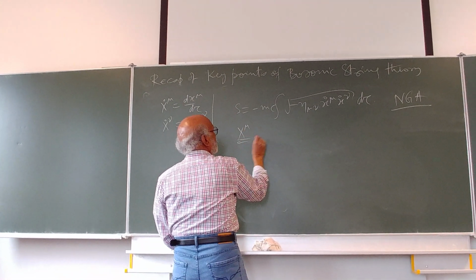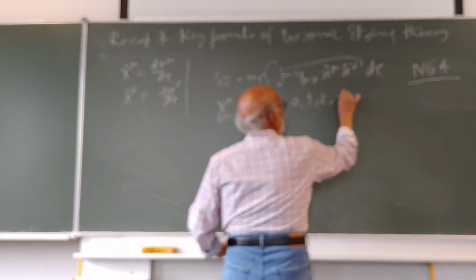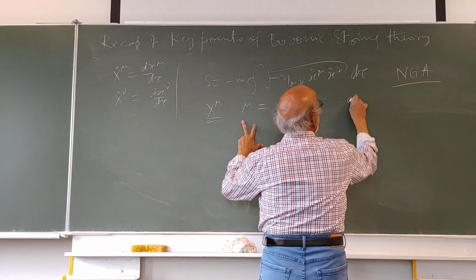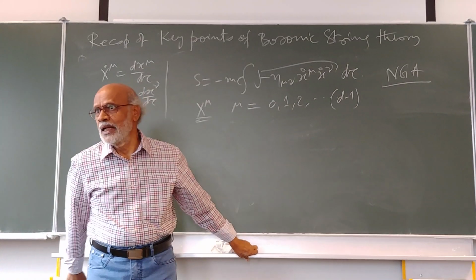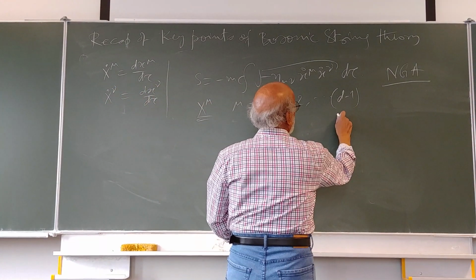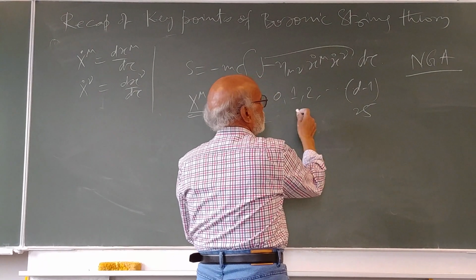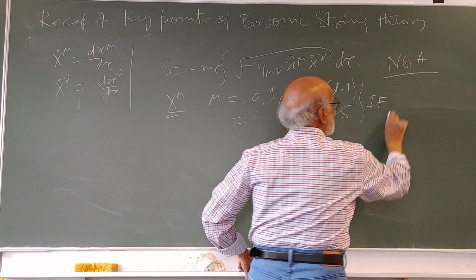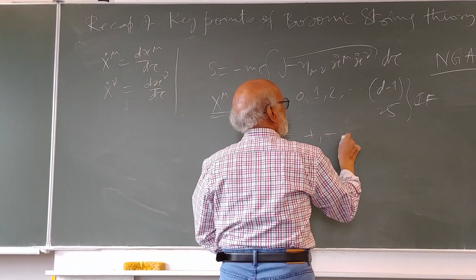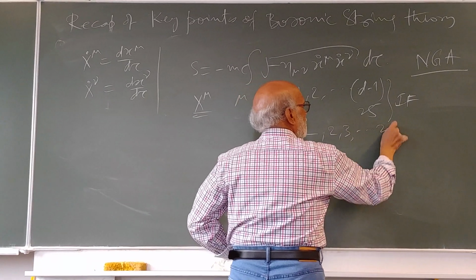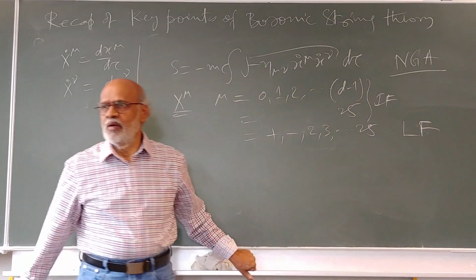Here mu takes the values 0, 1, 2, up to D minus 1, or capital D minus 1 as you like, so for example 25. This is called the instant form of dynamics, and you can also describe it in plus, minus, 2 up to D minus 1, which is called light front dynamics.